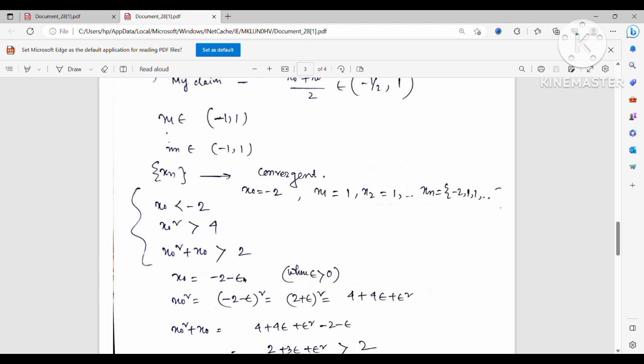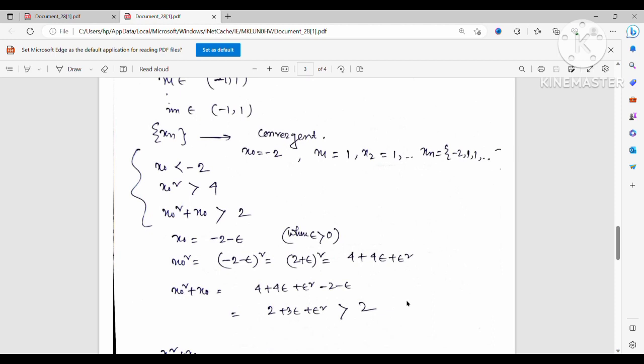So let's start. When x0 is less than minus 2, take x0 equal to minus 2 minus epsilon, where epsilon is greater than 0. Then x0 square is (-2 minus epsilon) whole square, which is (2 plus epsilon) whole square, which is 4 plus 4 epsilon plus epsilon square. Then x0 square plus x0 is 4 plus 4 epsilon plus epsilon square minus 2 minus epsilon, which is the same as 2 plus 3 epsilon plus epsilon square.